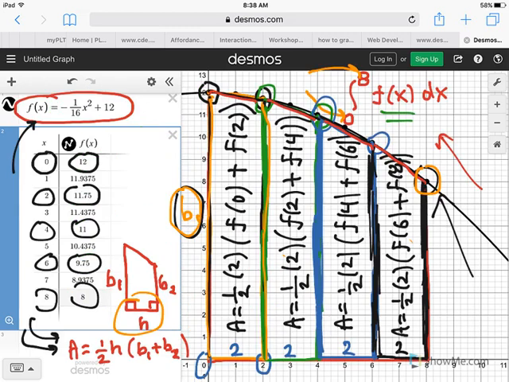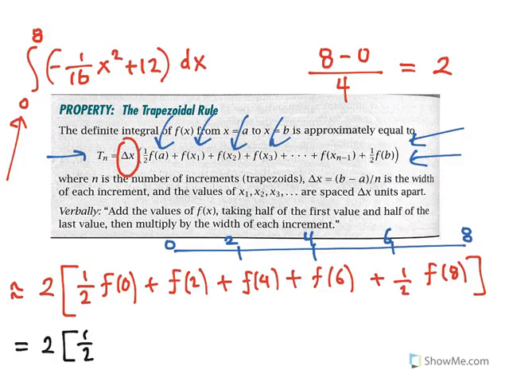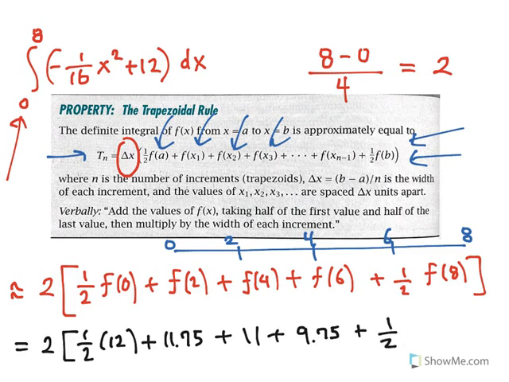Again, if you want to understand it visually, go back to this particular slide. So f of 0 is 12, f of 2 is 11.75, f of 4 is 11, f of 6 is 9.75, plus 1/2 times f of 8, which is 8.